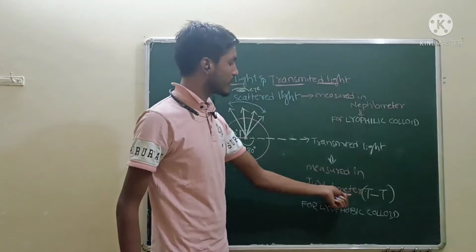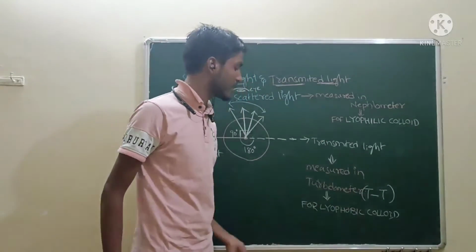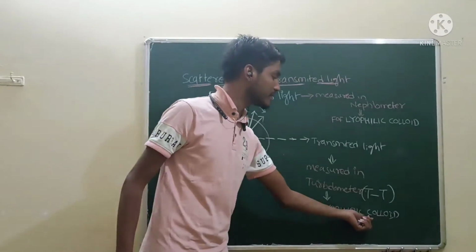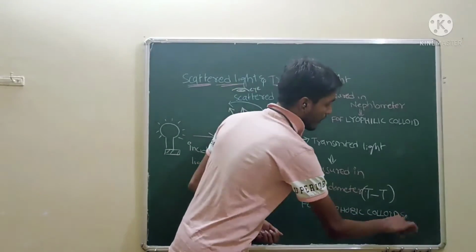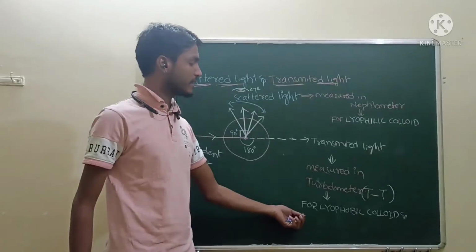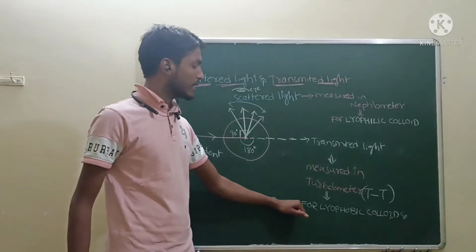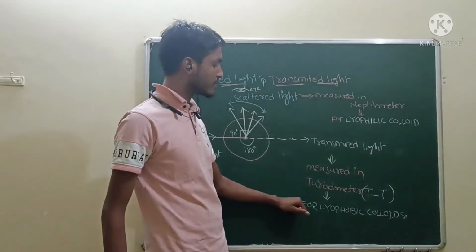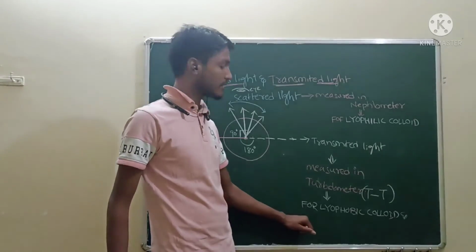Turbidometry, T means turbidometer, measures the transmitted light, for determining the concentration of lyophobic colloid majorly. We can also quantify the lyophilic colloid, but that is of minor or less importance.